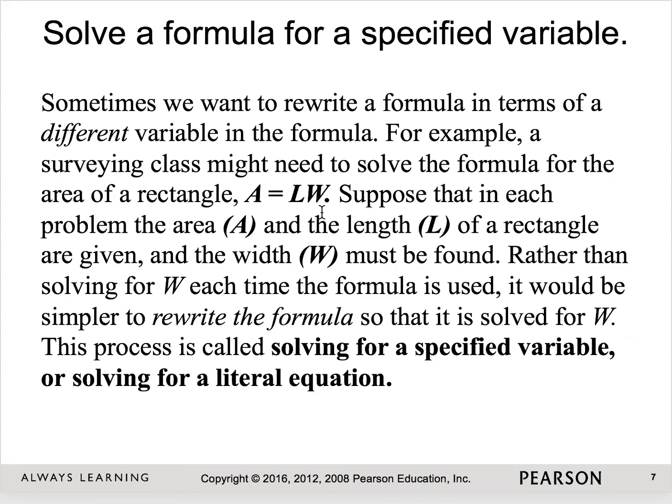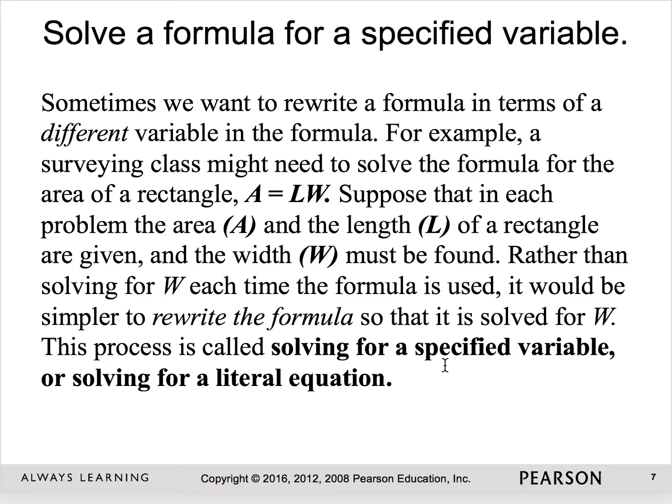Suppose that in every problem they're working, the area and the length are given, and they're trying to find the width. Rather than plugging in and solving for W each time, it'd be simpler to just rewrite the formula so that it's already solved for W. This is called solving for a specified variable.